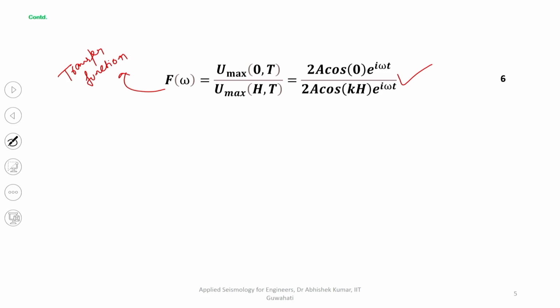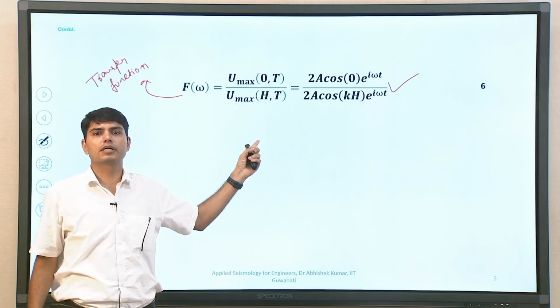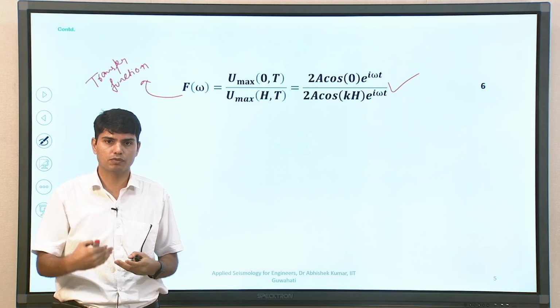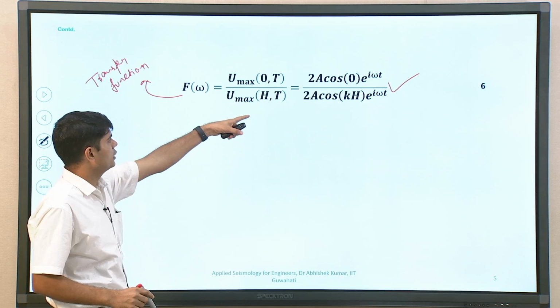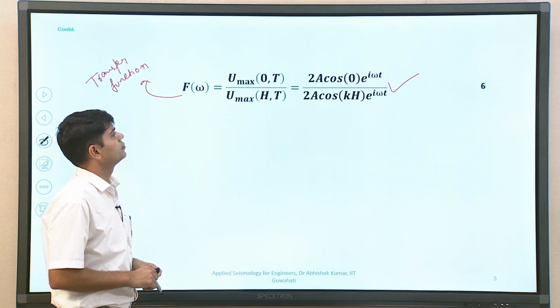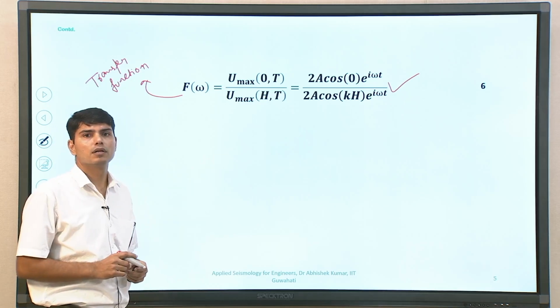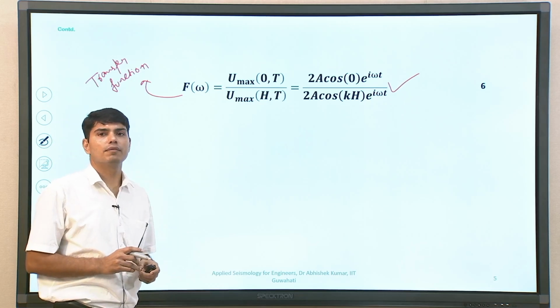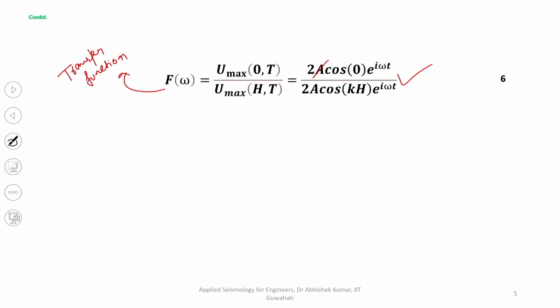So, in actual we will be interested to find out the displacement at the surface, but taking the boundary condition, that is free surface condition, into account, I have defined a filter which can be used to transfer my recorded motion from the bottom to the top of the particular soil layer. So, if you see the right hand side of the equation, everything is given in terms of 1 over cosine of wave number multiplied by the thickness of the soil layer, because other terms will get cancelled out.